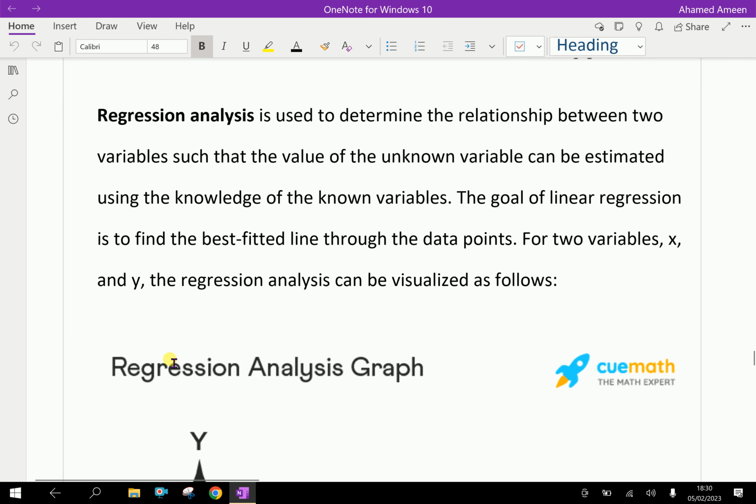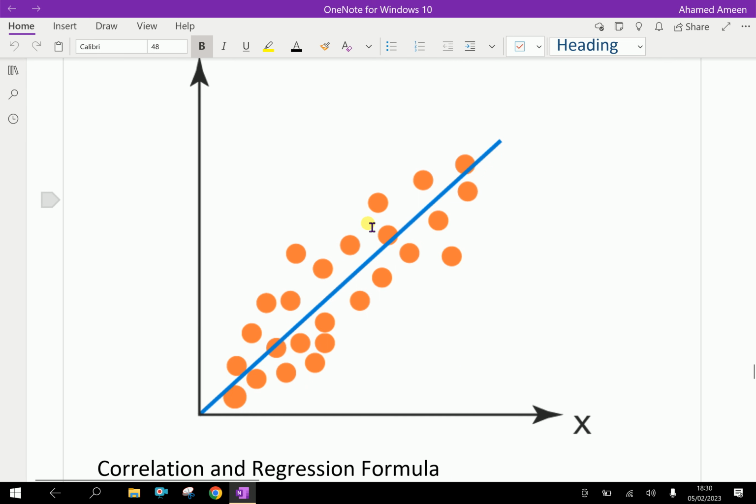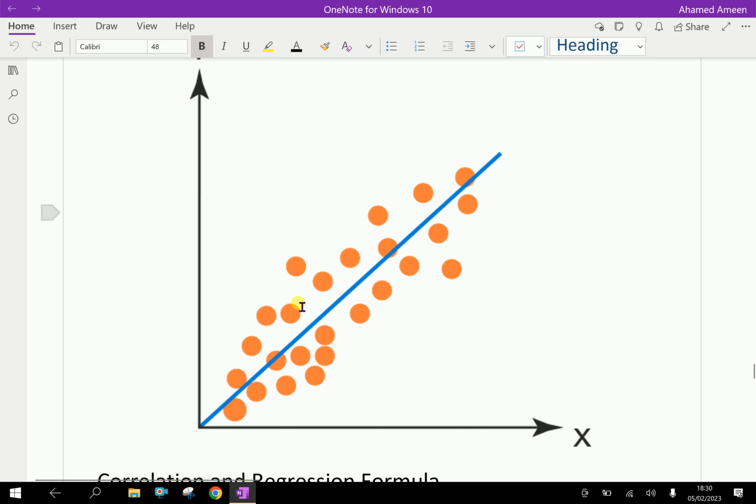For two variables x and y, the regression analysis can be visualized as follows. Here, in the regression plot, the points are plotted. Now we have to draw a best fit line, so that the line is as near as possible to the plotted points. This straight line is called the best fit regression line.